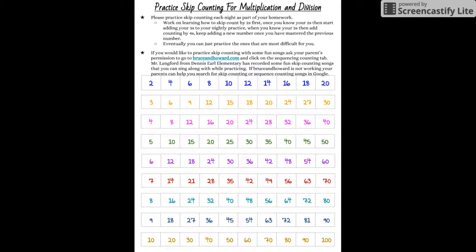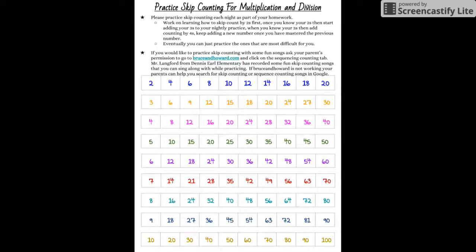So if they have learned how to skip count by 6s, 7s, 8s, and 9s, then when they come to 6 times 7, they can skip count by 6, 7 times, or skip count by 7, 6 times, to find the product very efficiently without having to stop and draw a model and apply a strategy that's going to take them longer.